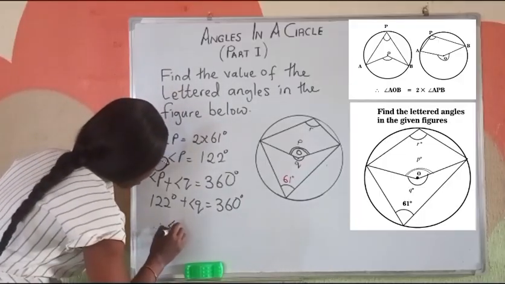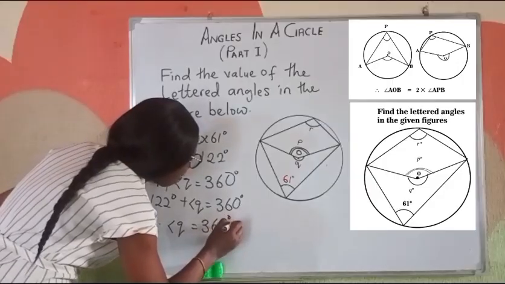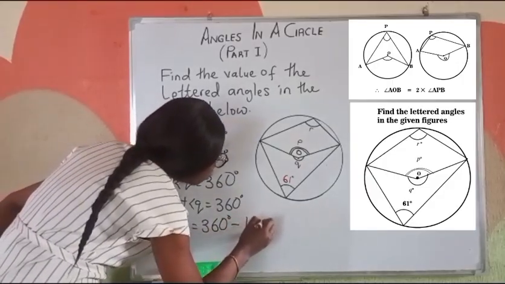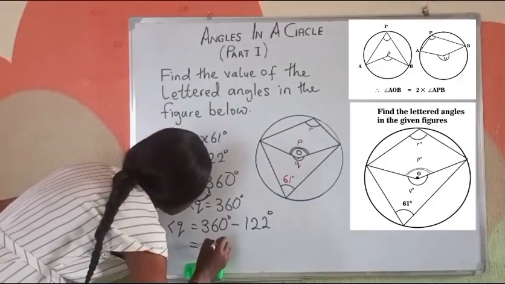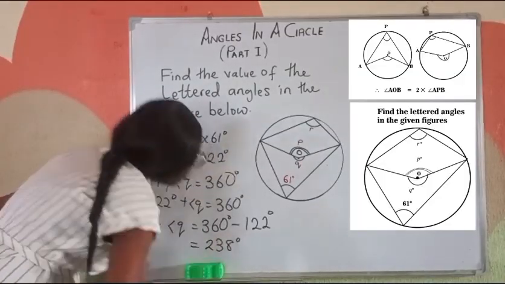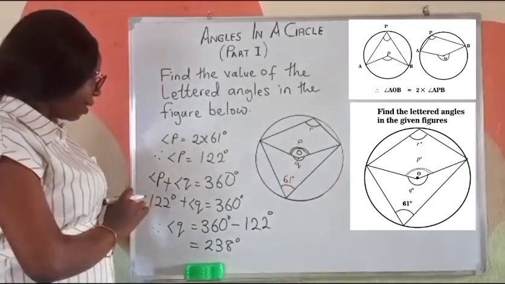Therefore, angle Q is equal to 360 degrees minus 122 degrees, which gives us 238 degrees. This angle Q is equal to 238 degrees.